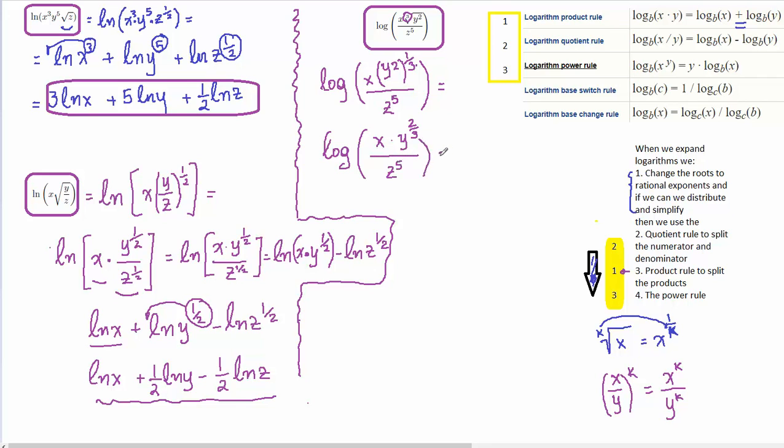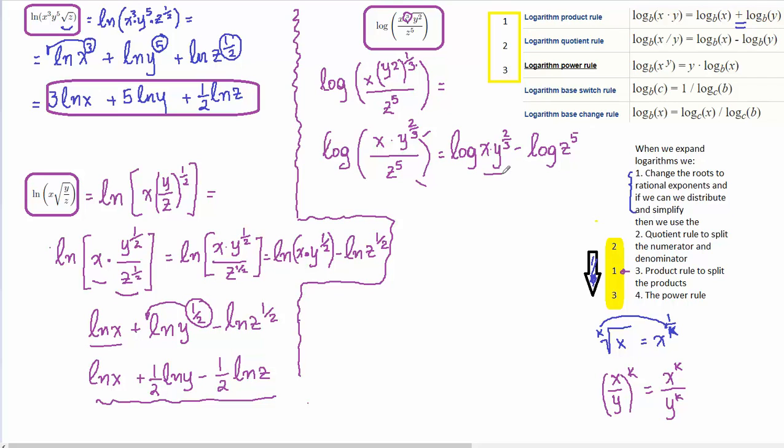Now this is cleaner, and I can apply my quotient rule. So I can separate the numerator from the denominator using the quotient rule: log of x times y to the 2/3 minus log of z to the 5th.